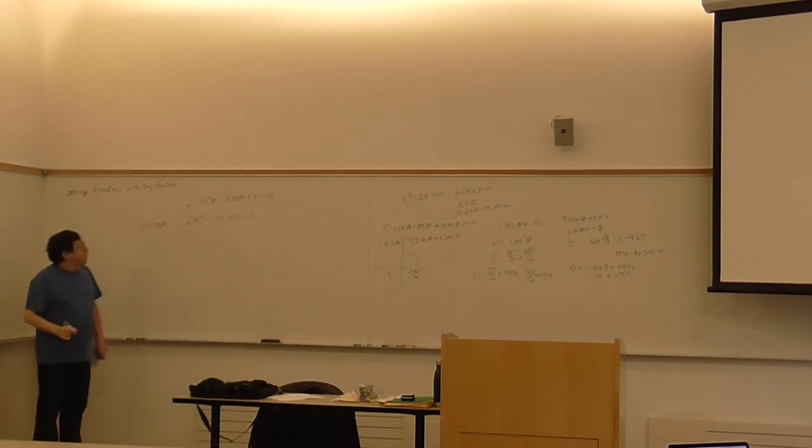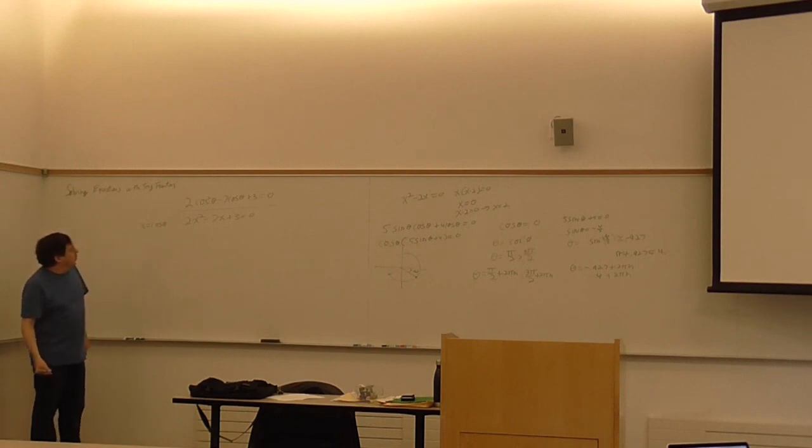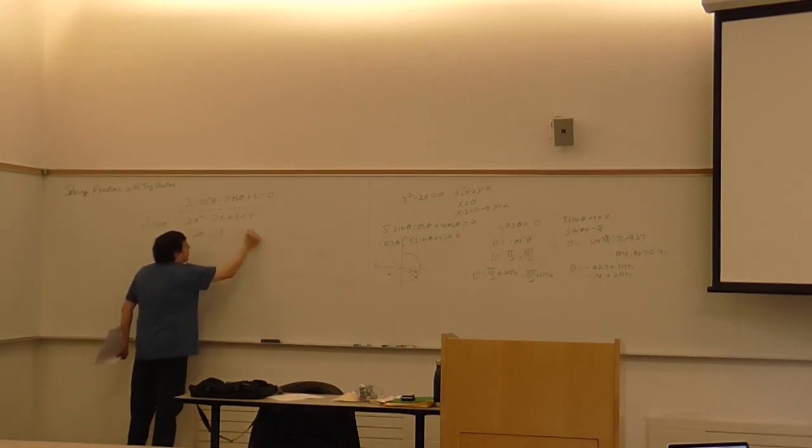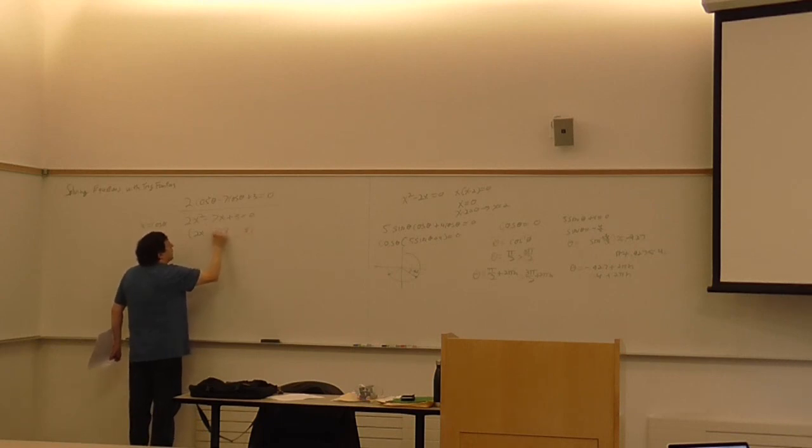Okay. Well, that's something we should be familiar with, right? Either we're going to factor this using reverse FOIL, or we could use the quadratic formula. It turns out this will factor nicely.